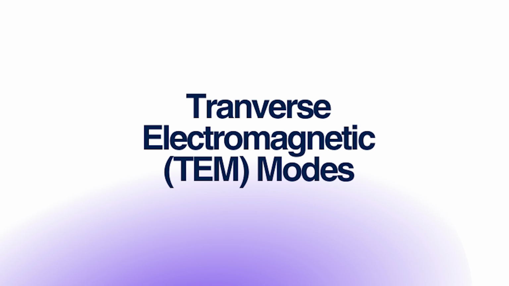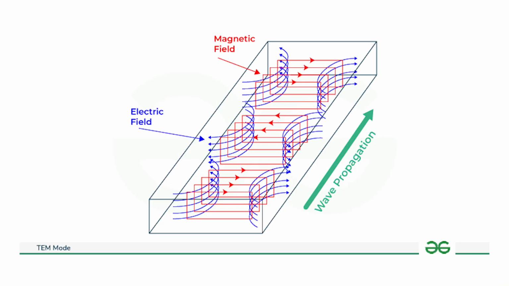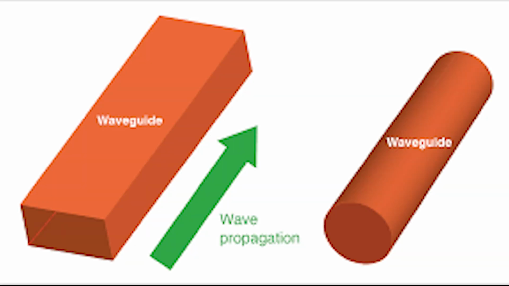And the transverse electromagnetic mode, which is TEM, both electric and magnetic fields are transverse to the direction of propagation. TEM modes do not exist in hollow waveguides, but can exist in coaxial cables and dielectric waveguides.